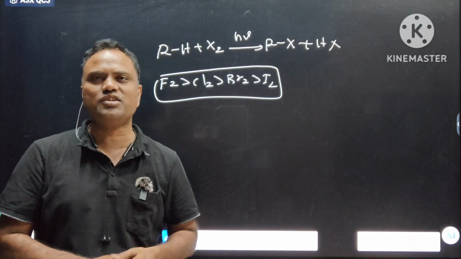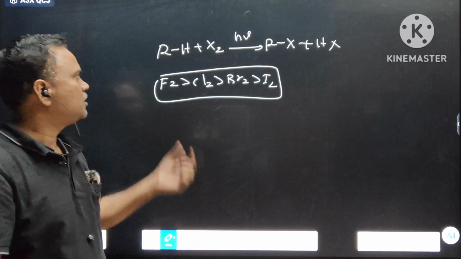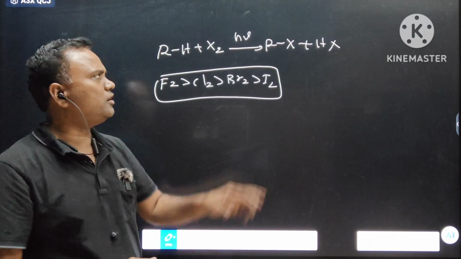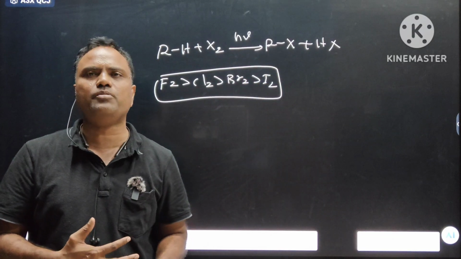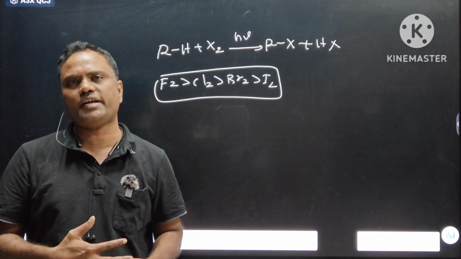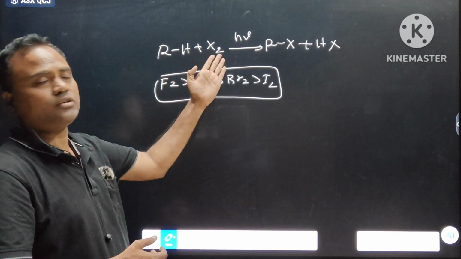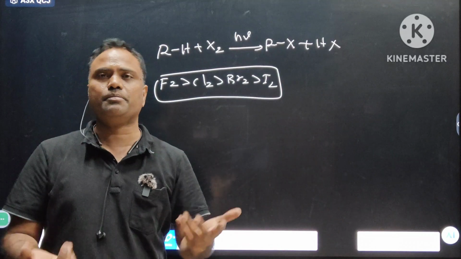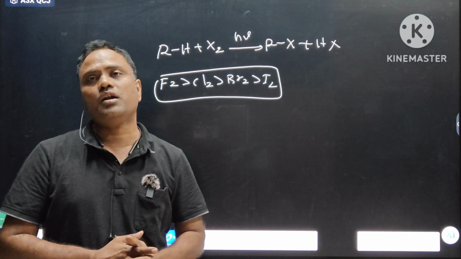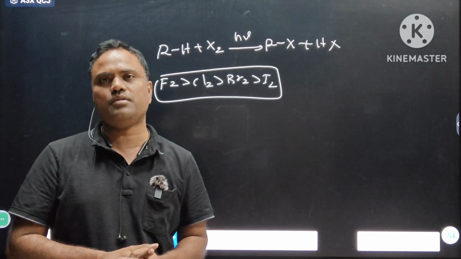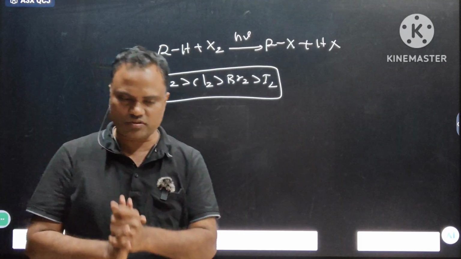And there is another important reason, I'll tell you. Why is this method not preferable to prepare alkyl fluorides, methyl fluoride, ethyl fluoride? You can ask, sir, if you take F2 here, we will get RF, we can prepare it, but we cannot. This method is not suggested for the preparation of alkyl fluorides. Why?